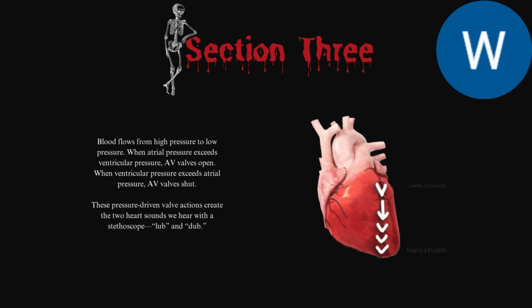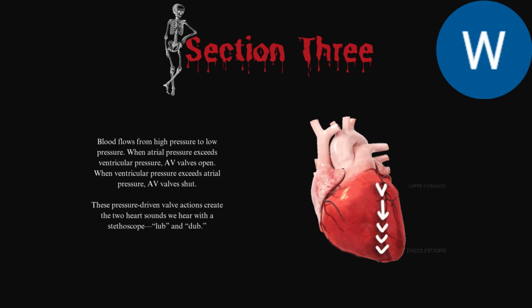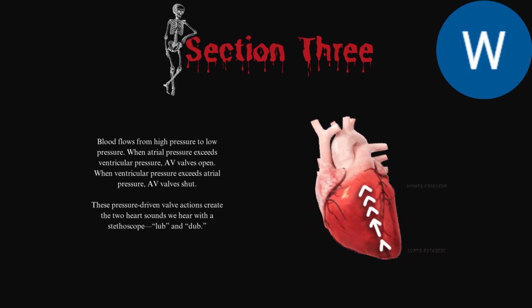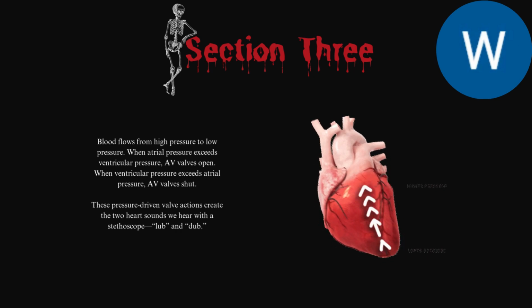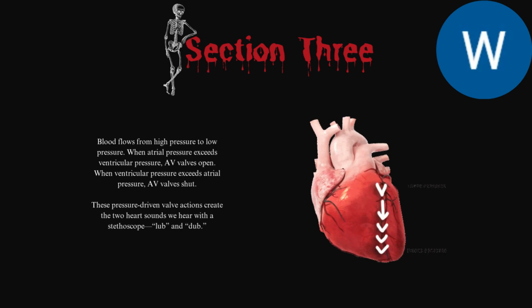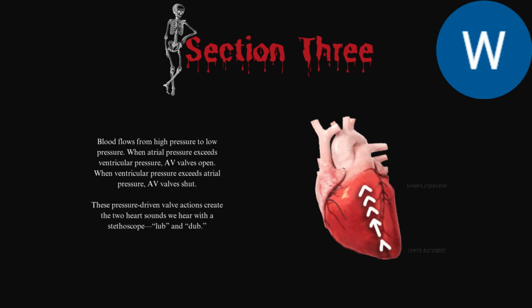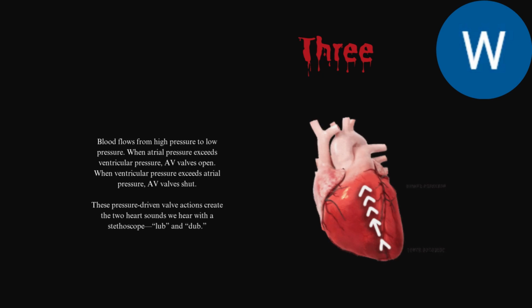I see it as a dance of pressure of opening and closing doors. One is opening, one is closing, one is closing, one is opening. And so these pressure-driven valve actions create the two heart sounds we hear with the stethoscope, which are lub and dub, as we spoke about in section 2.